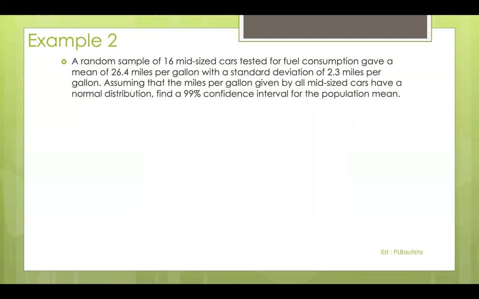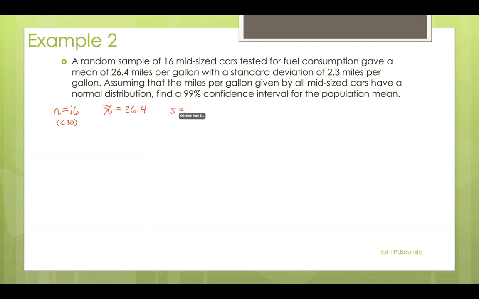these 16 mid-sized cars. So the given information for us, first n is 16, our sample size, which is less than 30. We are also given X bar, which is 26.4, and S, which is 2.3.